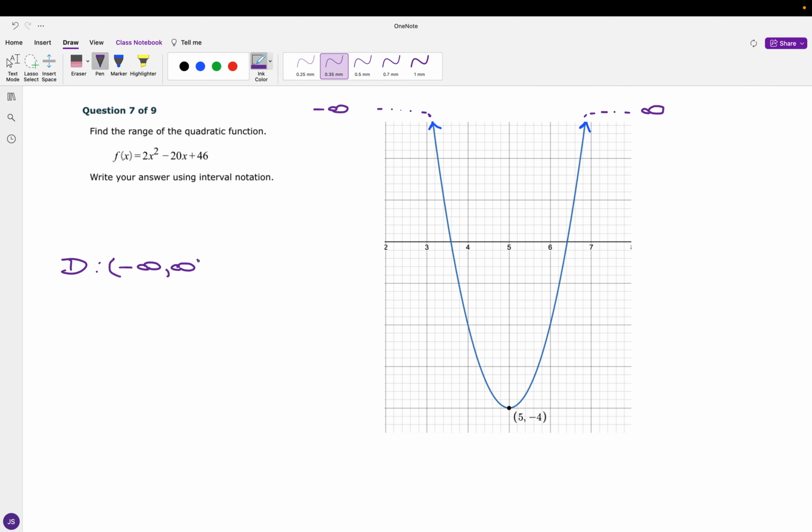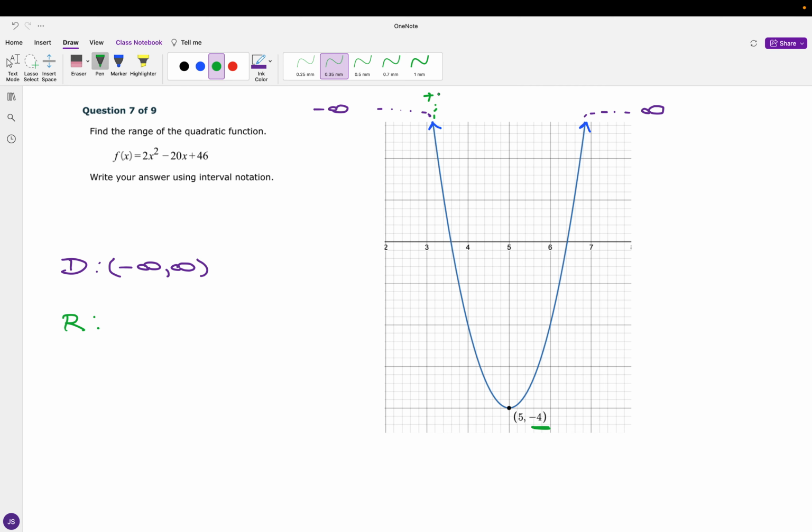And for the range itself, in this particular function the vertex is the minimum, and the range is in reference to the y values. So the vertex contains the minimum y value, which in this case is the k value at -4, and from -4 the y value continues to go up.